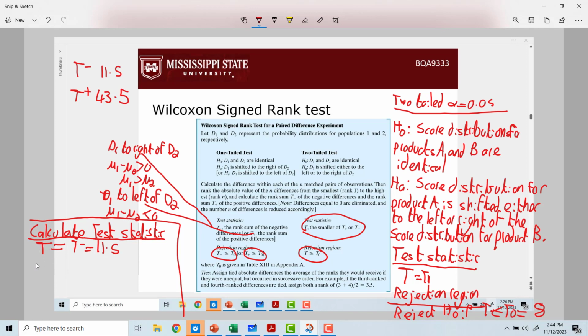So basically, conclusion: we have T equals 11.5, which is greater than 8. So we fail to reject H0. We don't have enough evidence that there's a difference between those two distributions.